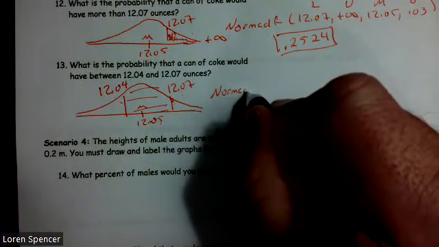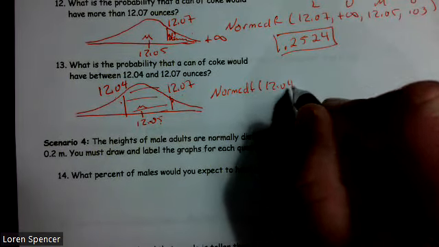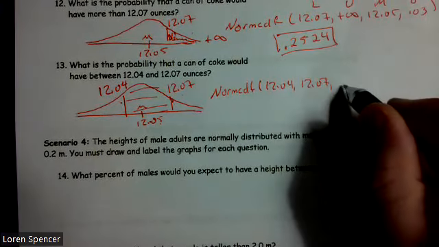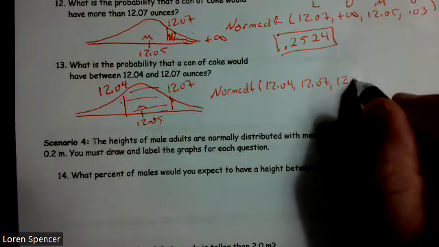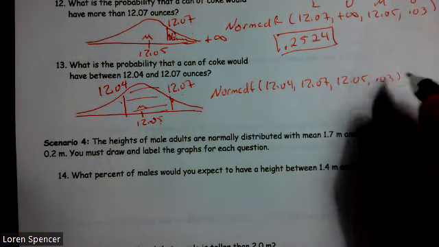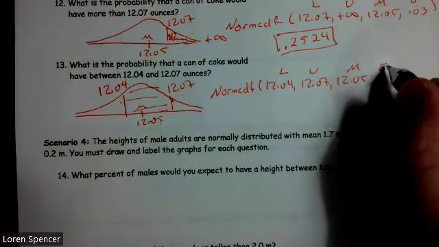Norm CDF, lower 12.04, upper 12.07, mean 12.05, standard deviation 0.03: lower, upper, mean, standard deviation.